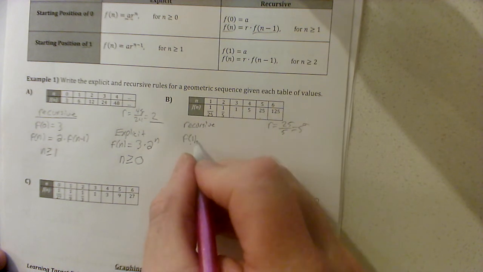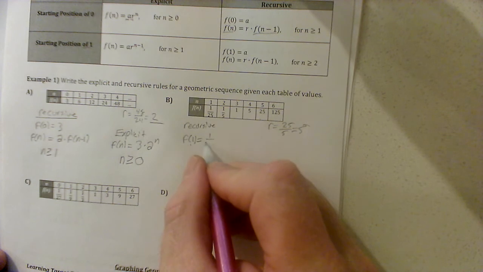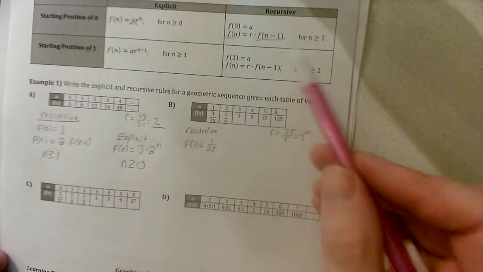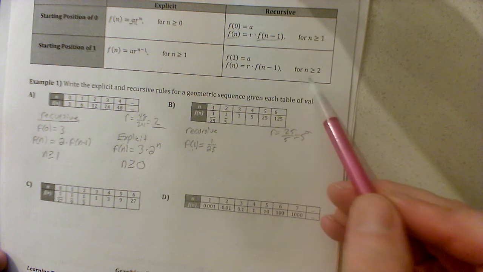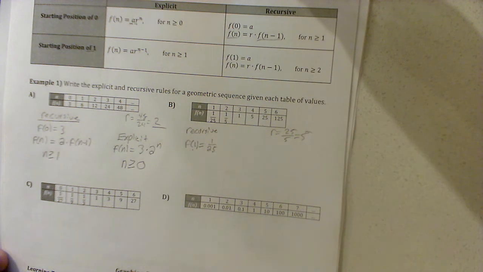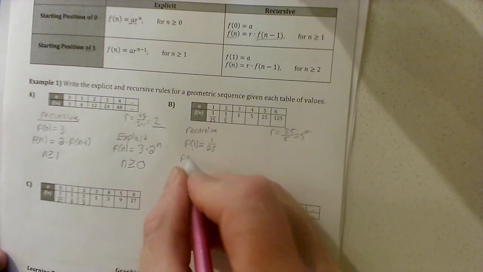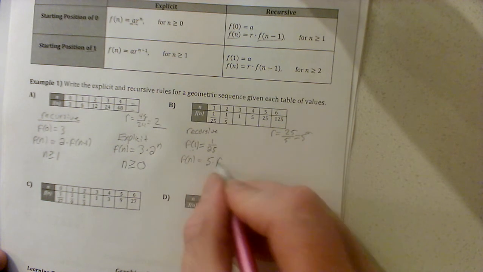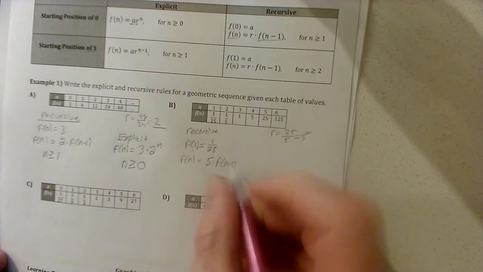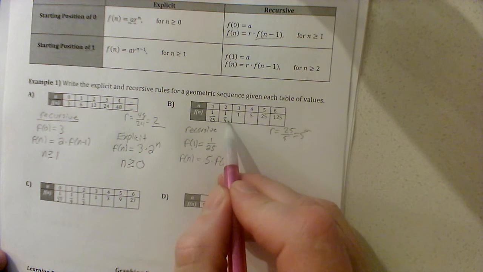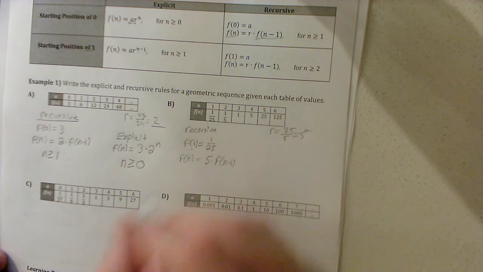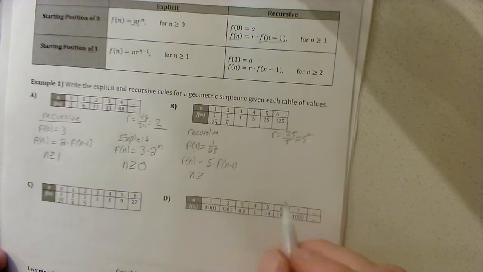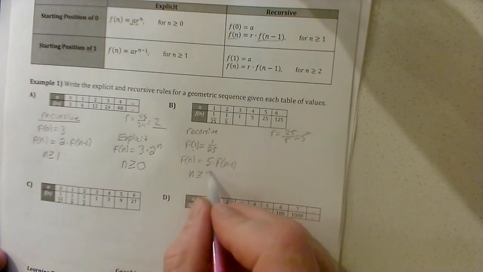Remember, we started at 1, so we're going to have to back things up on a couple of these. Not this one. The recursive is written the same way, we just define n a little differently. So to get my term, I do 5 times my previous term. If I wanted the 3rd term, I take 5 times this. If I wanted a 4th term, I take 5 times this. And this one will say n is greater than or equal to, well, they already gave us a 1, let's start at 2.